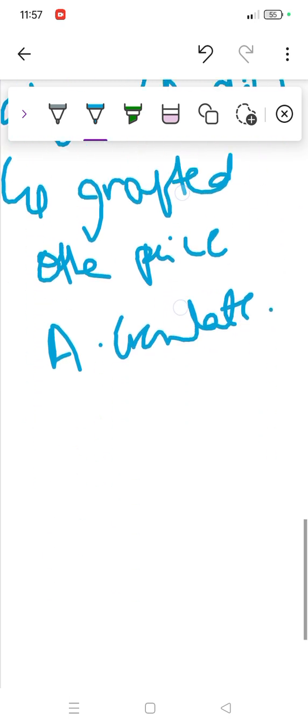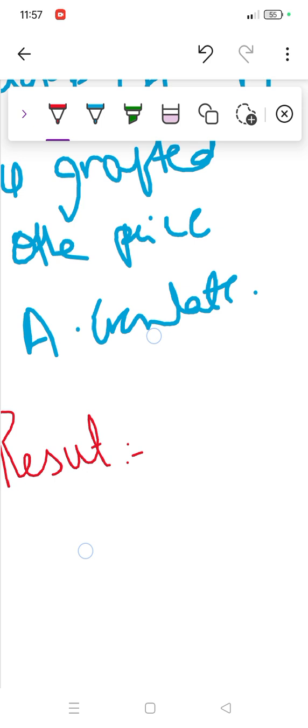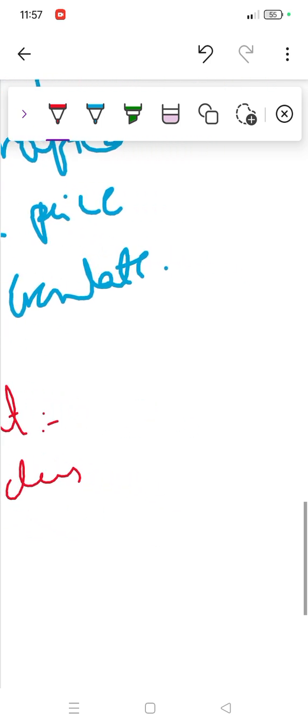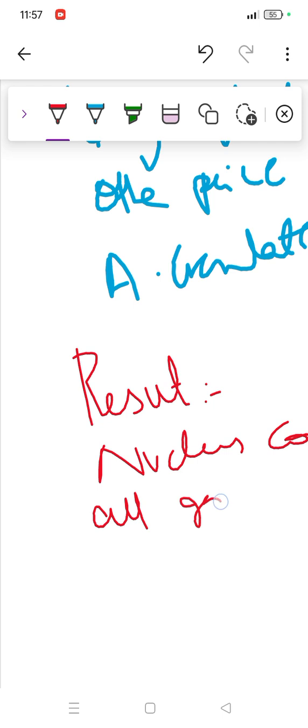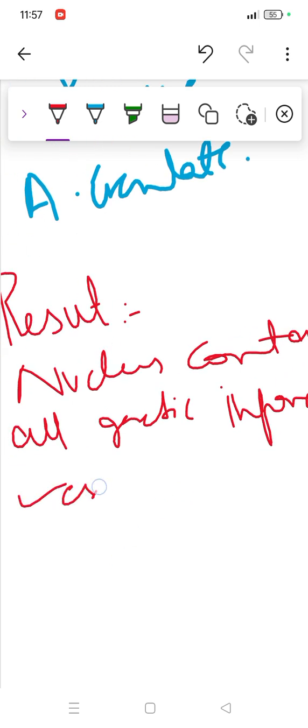So when comes the result, we are mentioning that the nucleus contains all genetic information. This was proof. The structure does not matter, but the nucleus contains all genetic information, which is essential for development.